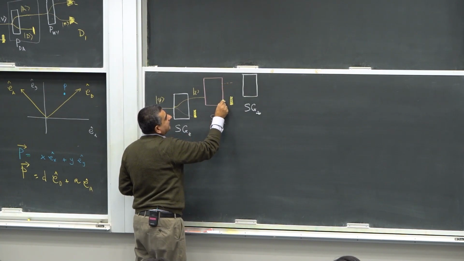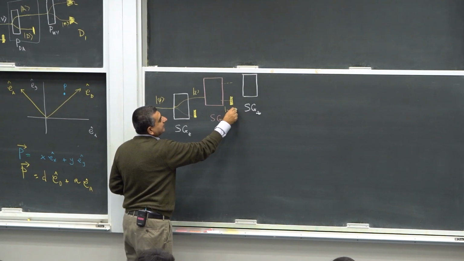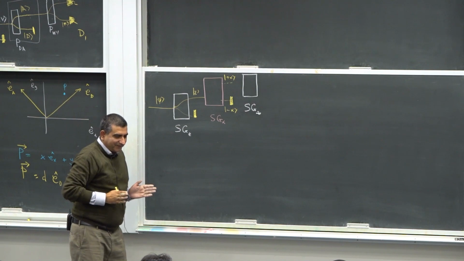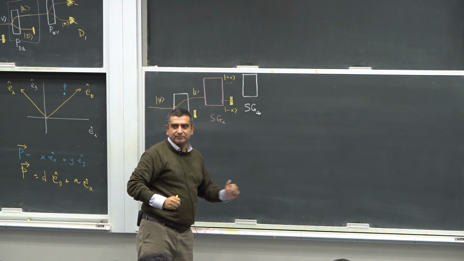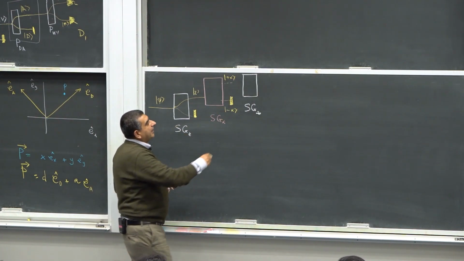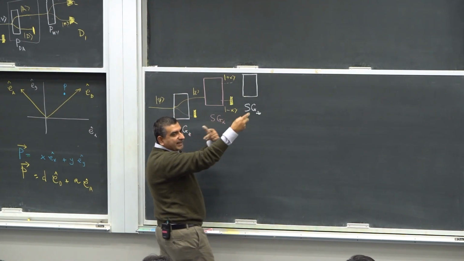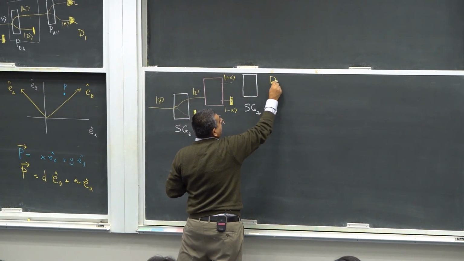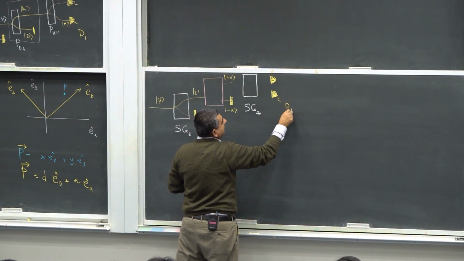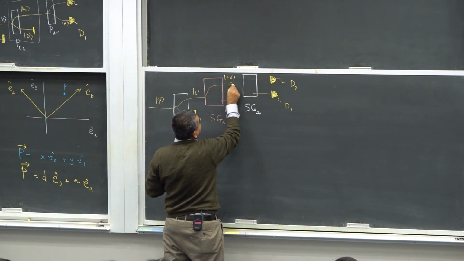So this Stern-Gerlach apparatus has two output channels. One corresponds to minus ket x, the other corresponds to plus ket x. One is right, the other is left. I block this path, and then at the end the ultimate Stern-Gerlach apparatus is another SGZ with two detectors, D1, D2. Now this beam is fed in here.